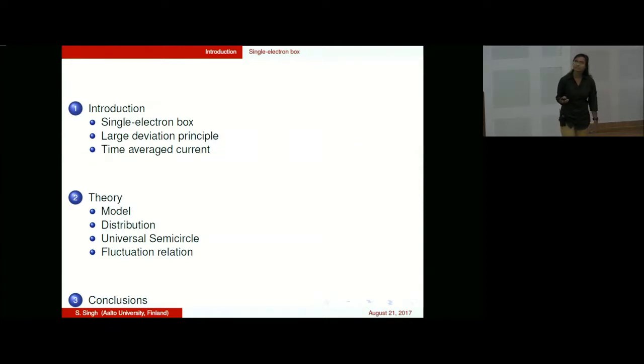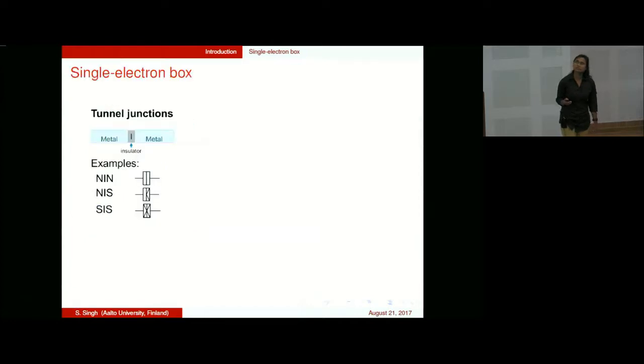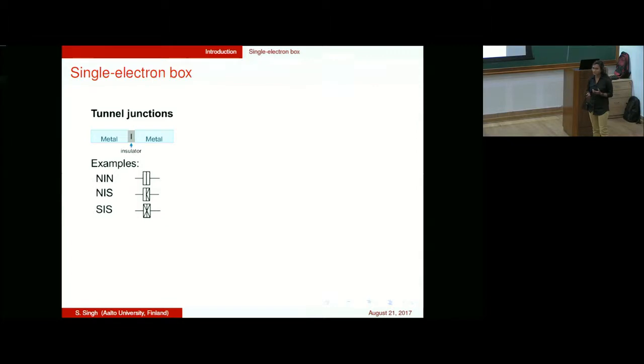So let's start with the single electron box. In order to explain the single electron box, I first need to say a few words about the tunnel junction. We can understand this tunnel junction as a three-layer structure in which there are two metallic layers, and in between these metallic layers is an insulating layer.